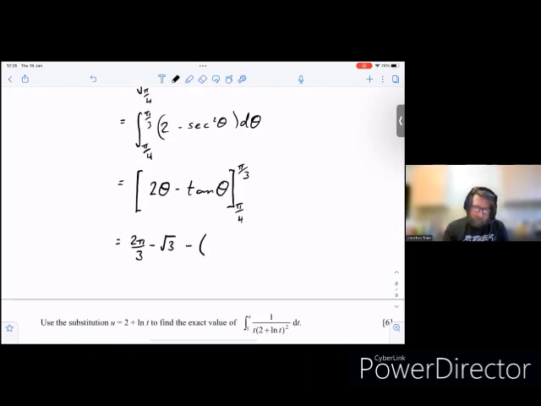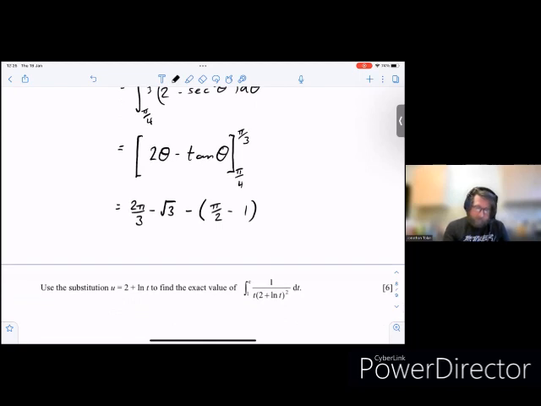Take away 2 pi over 4 minus tan of pi over 4, which is 1. Okay, so simplifying that, we've got 2 pi over 3 minus pi over 2. That's 4 pi over 6 minus 3 pi over 6, so that's pi over 6 minus root 3 plus 1.